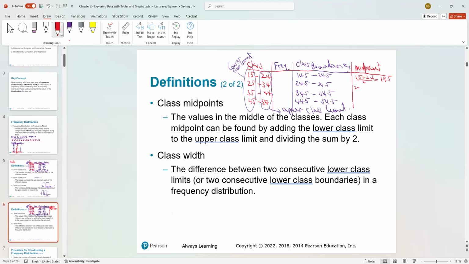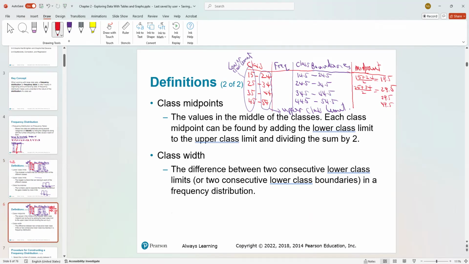You take 25 plus 34 divided by 2, it's going to give you 29.5. If you do 35 plus 44 divided by 2, it should give you 39.5. If you do 45 plus 54 divided by 2, it's going to give you 49.5.